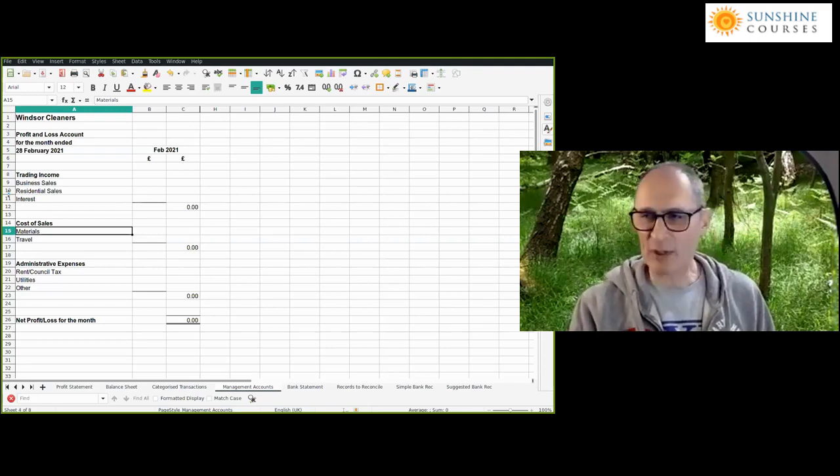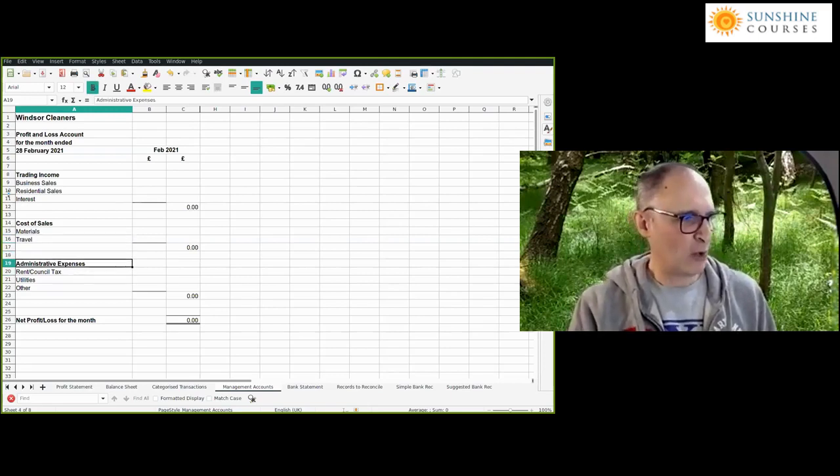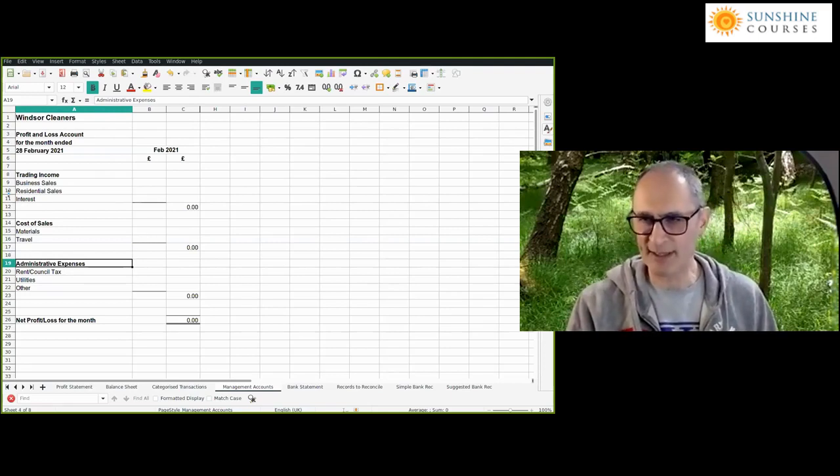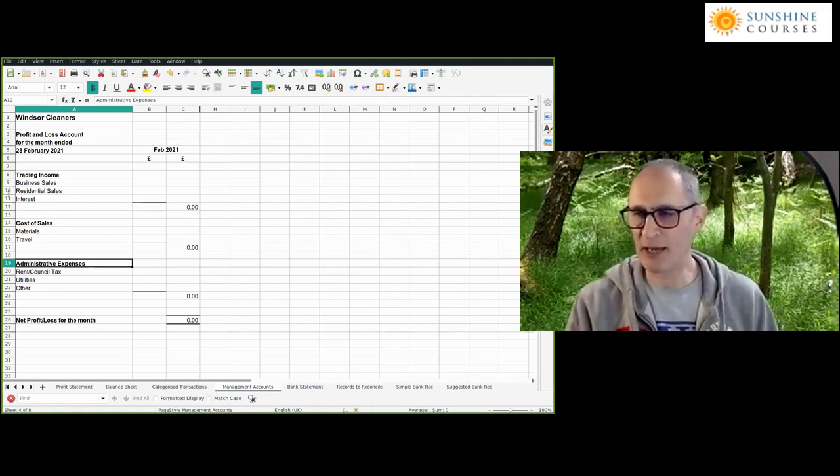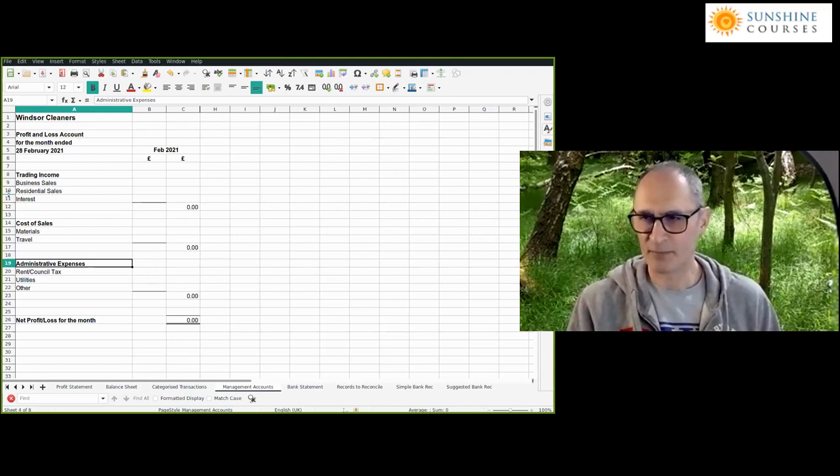And that's distinguished from the third category, which are either called administrative expenses or sometimes they're called fixed expenses. And the general concept of administrative expenses is that you spend this money whether or not you have income. So for example, if you're a shop and you're paying rent, it doesn't matter if no one walks through the door or 1 million people walk through the door, your rent is fixed.